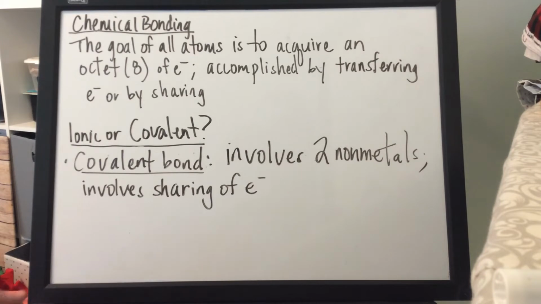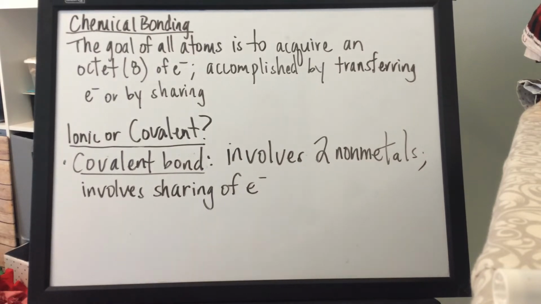Okay, so all of a sudden in this second example, we're talking about electrons being shared, and we are no longer discussing the gain or the loss of electrons. So that's completely and totally different. That's ionic. And in covalent bonding, we're talking about 2 nonmetals, and it's the sharing of electrons.